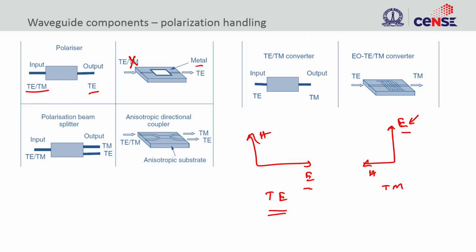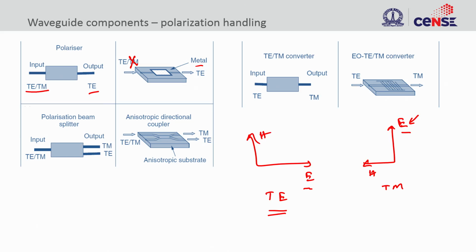This can be easily understood from our anisotropic material concepts, because you have the fast axis and slow axis, and one polarization sees a different refraction compared to the other. So, you can split these two polarizations in space and then collect them.